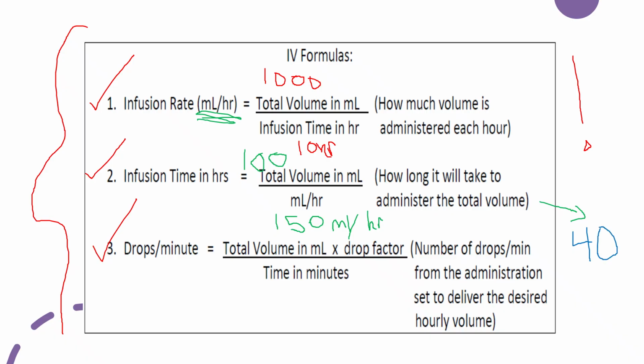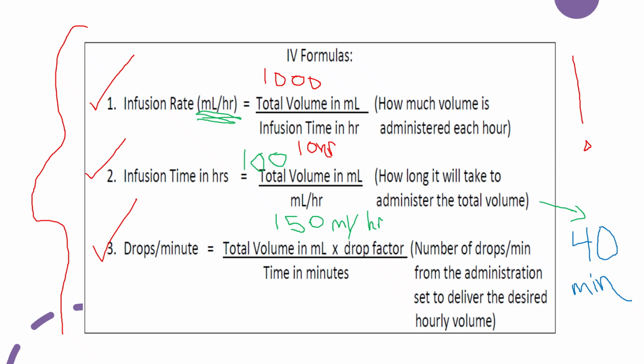and I'm going to show you why that makes sense in a second. So I told you you had a 100 ml bag, and it's going at 150 mils per hour. So if it was only going at 100 an hour, it would take 1 hour, but it's going at 150 mils per hour.